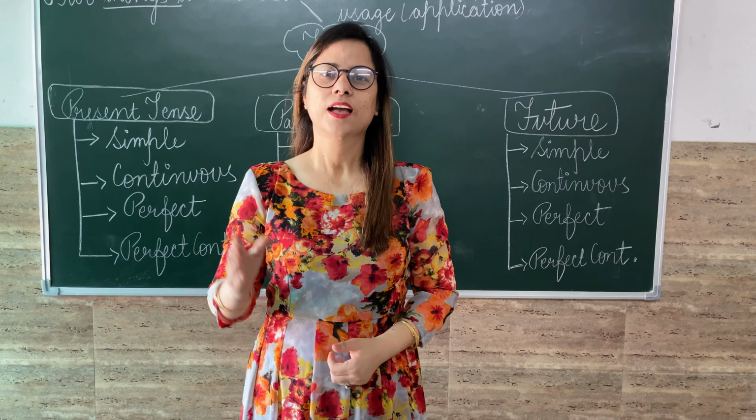Has is always used for singular, that is he, she, it and any singular name. Then have we use for I, you, we, they and all plural names like children, boys, Rohit and Sham, Mita and Mohini. So for these kinds of plural subjects we use have.